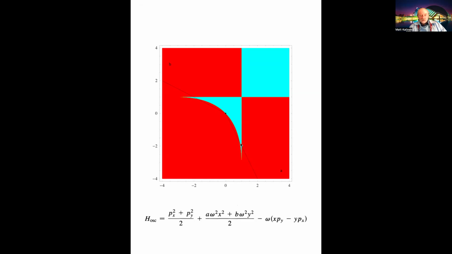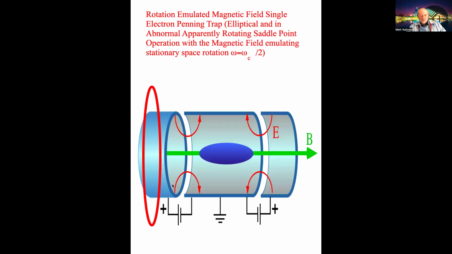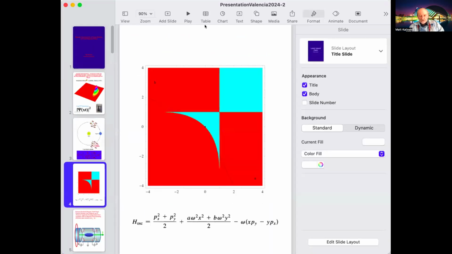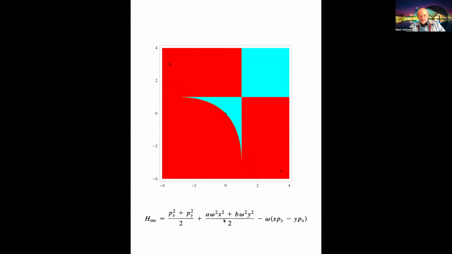Okay, and you see the Trojan wave packet is here in this region, when A is positive and B is negative, or opposite, and this means that it is bound by the rotating saddle point. It's not in the minimum, but in the rotating saddle point.